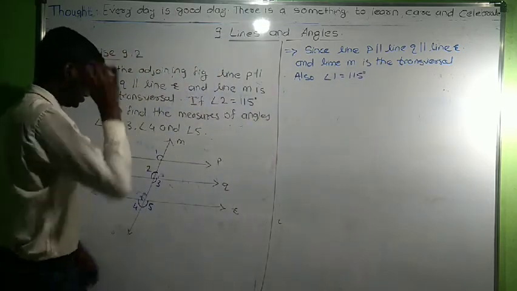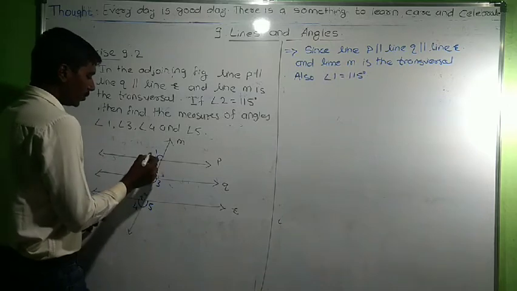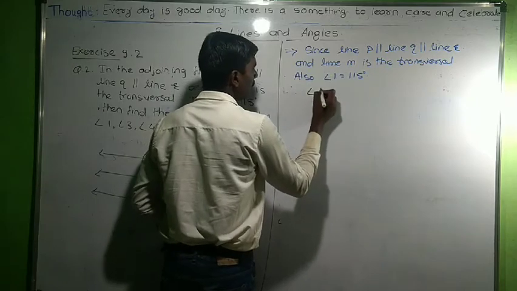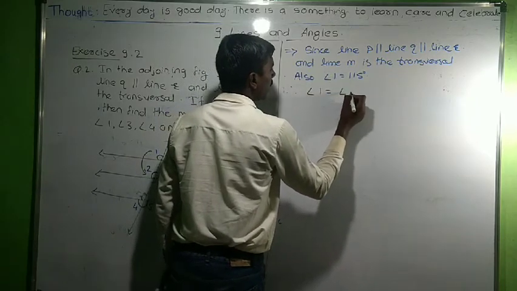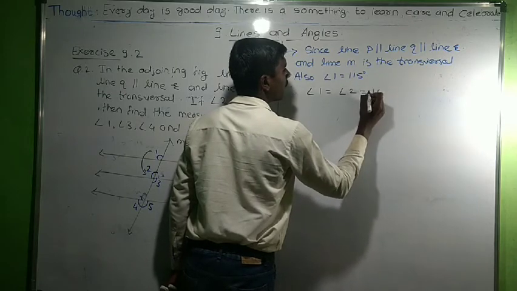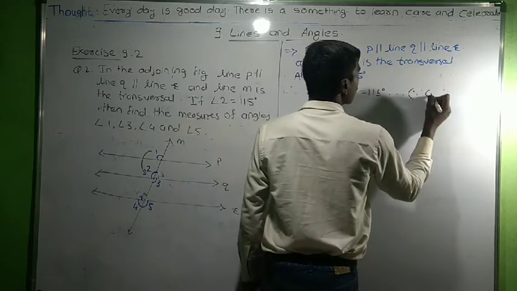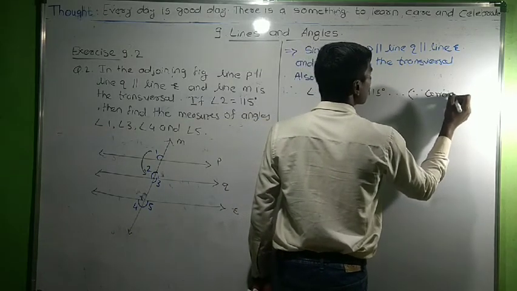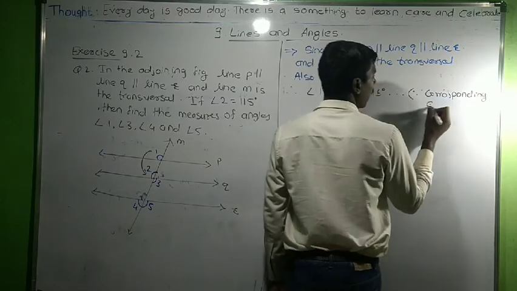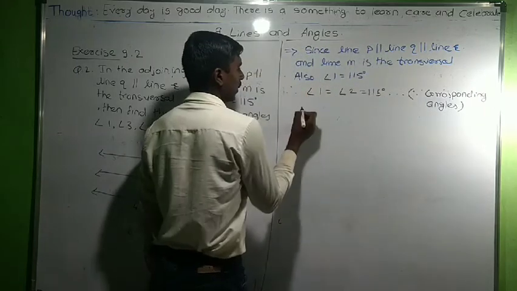Angles 1 and 2 are corresponding angles, you know that. Therefore angle 1 is equal to angle 2 is equal to 115 degree. The reason behind that is corresponding angles: a pair of corresponding angles are equal in measure.